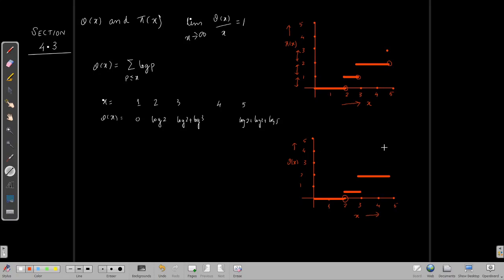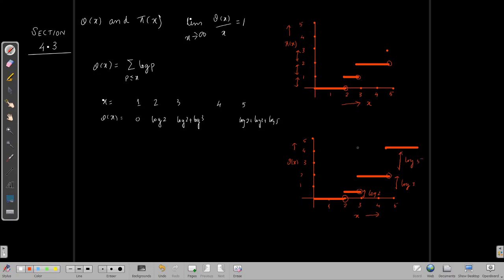So the jump up to this point is log 2, then the jump log 3, and then the jump log 5.